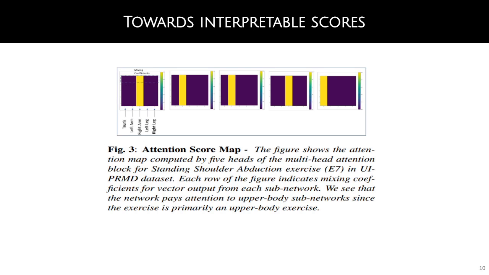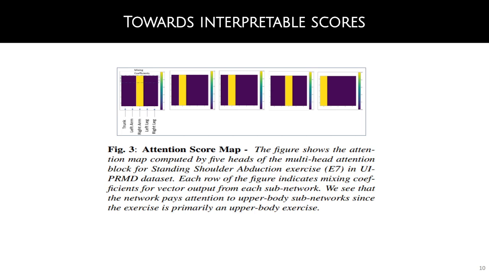The attention score map figure shows attention maps from multiple heads of the embedding layer. Even though the model was not trained to associate usage of a specific body part with the ground truth score, the attention map shows how the network is able to come up with these relationships.